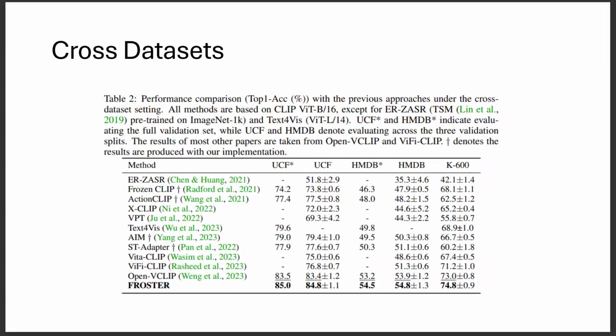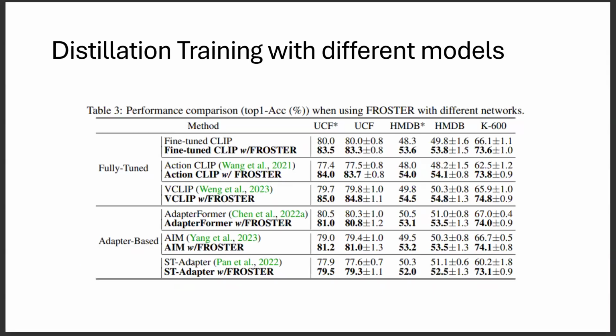When they test for cross dataset, they also show their model outperforms all the existing techniques for this distillation and cross dataset settings. They also show their model can be used with any model, so it doesn't have to be V-CLIP.